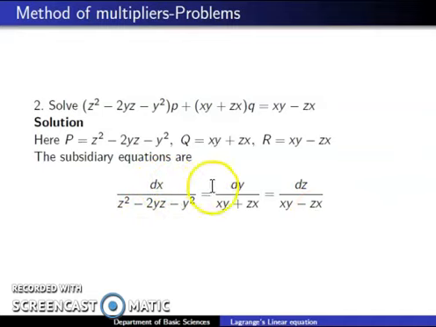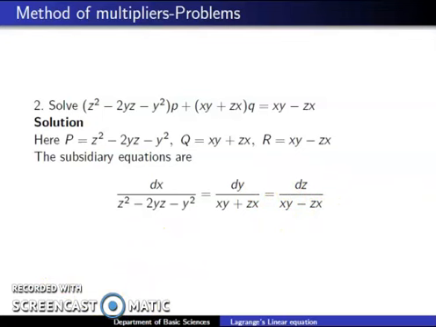So you get l dx + m dy + n dz, and the next step is to integrate that term. So you have to choose multipliers in such a way that l dx + m dy + n dz is integrable. If it is possible to integrate that term, then only can you choose the multipliers in that way.